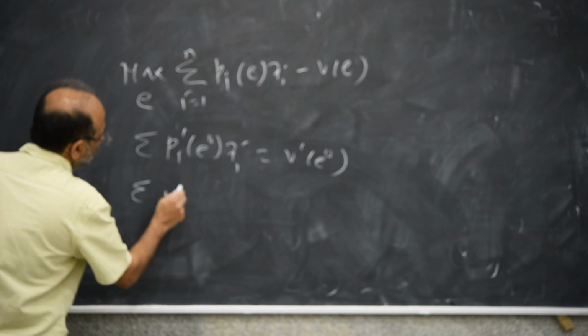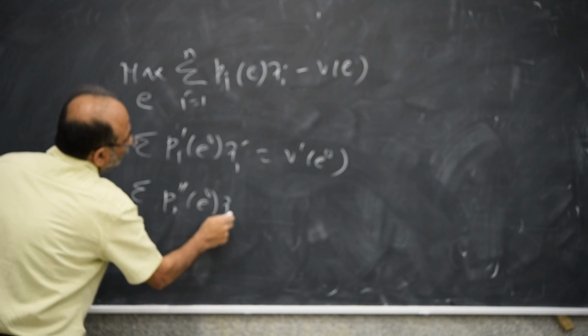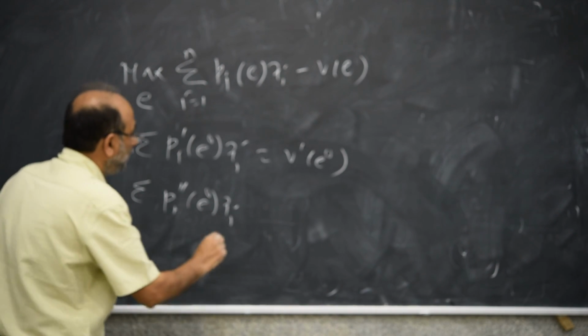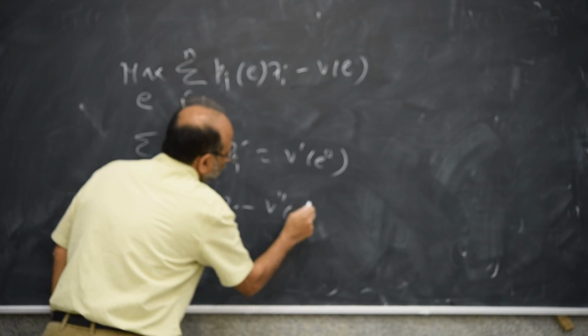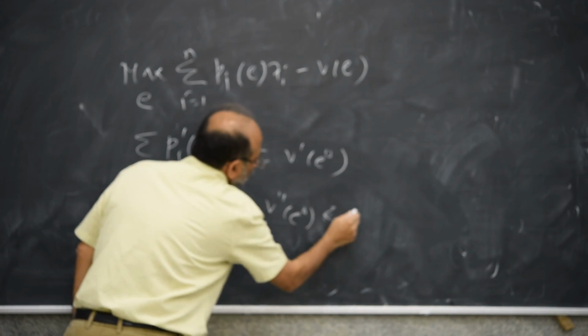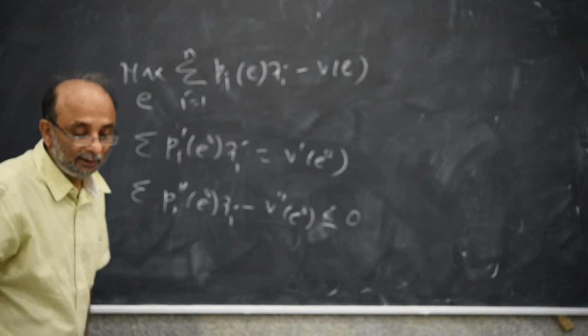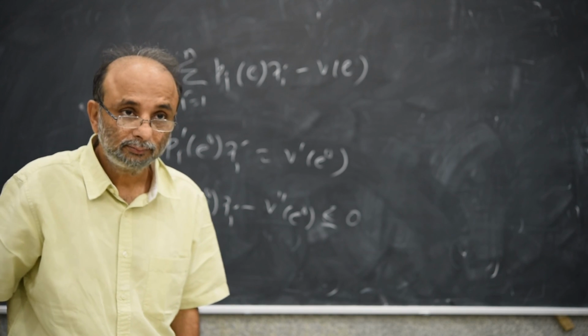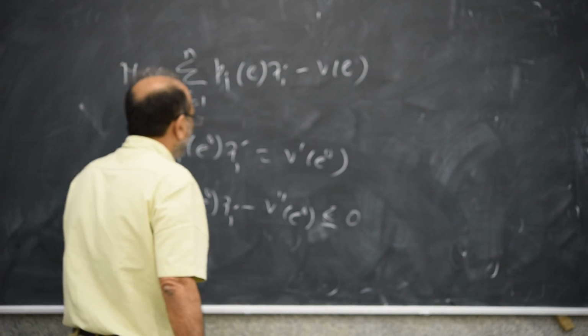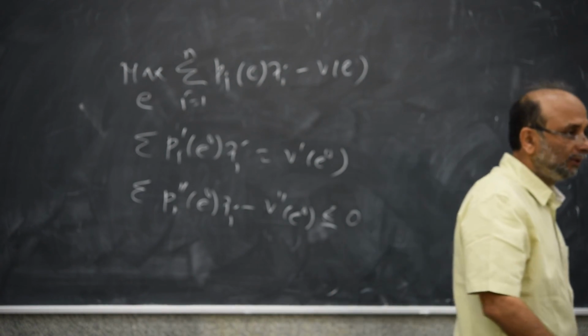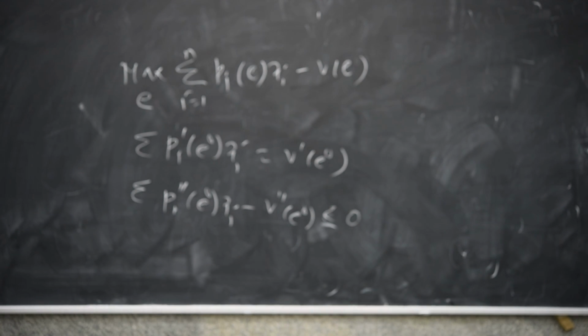So the second derivative condition is minus V double dash of E, and you want this to be less than or equal to 0. Now, what is V double dash of E? Positive or negative? Positive. The harder you work, the more you dislike work.